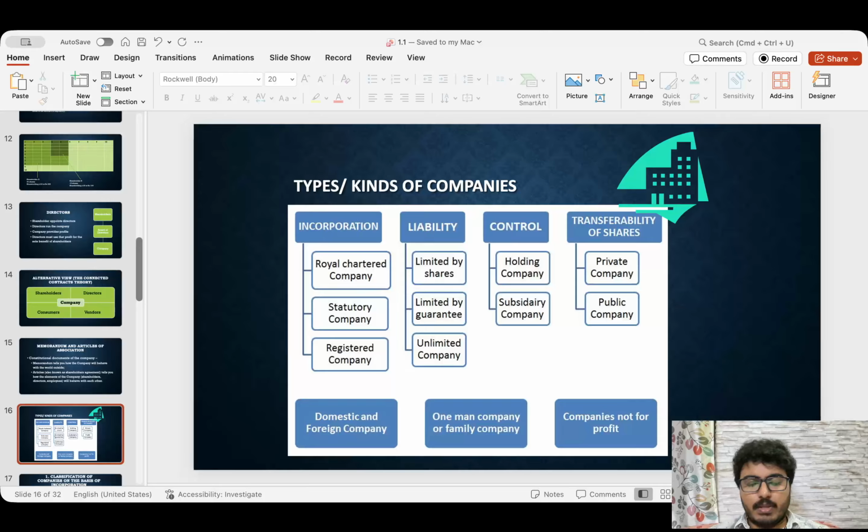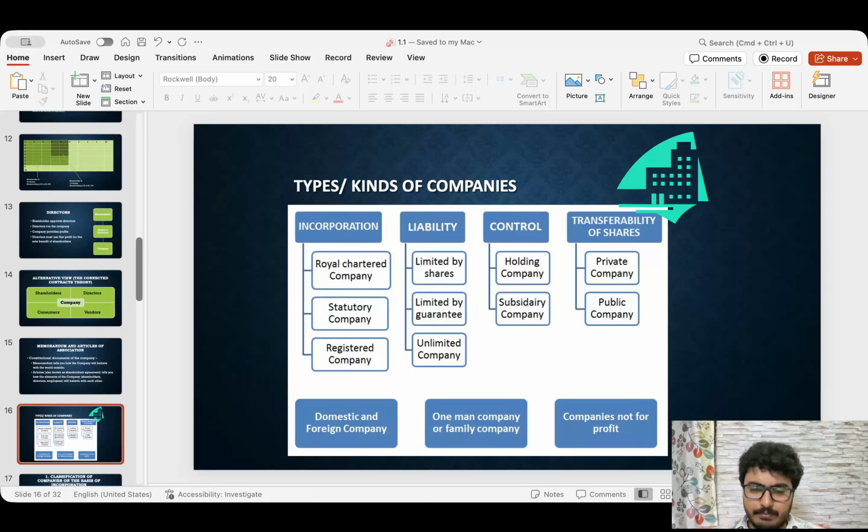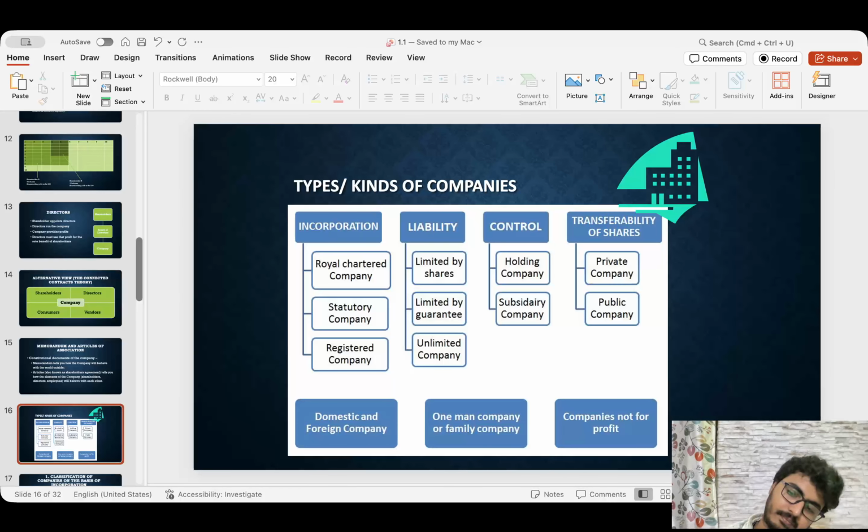In the context of classification, companies can be classified on different bases, such as on the basis of incorporation, liability, control, transferability of the shares and geographical operations. Classification helps us identify the legal structure and the functioning of different business entities.